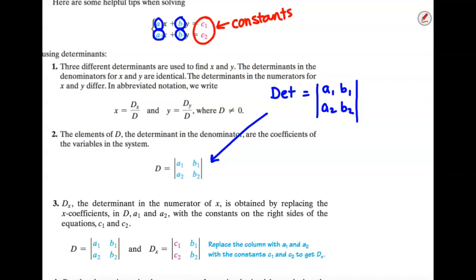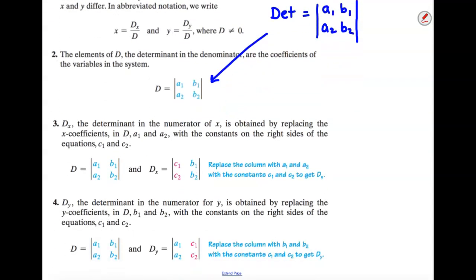In the original determinant, you're going to remove A sub 1 and A sub 2 and replace them with C sub 1 and C sub 2. In step 4, you're going to replace B sub 1 and B sub 2 with the constants C sub 1 and C sub 2. Okay?